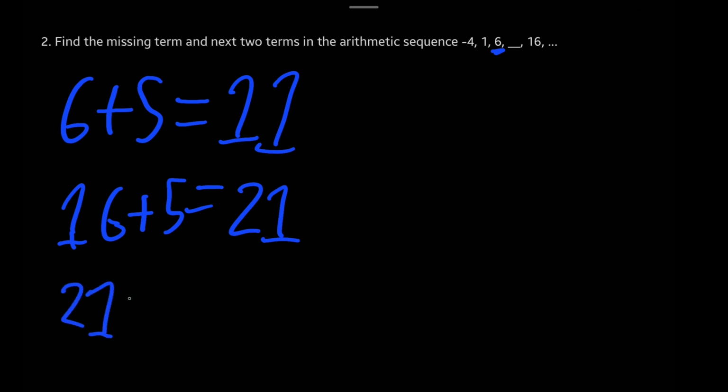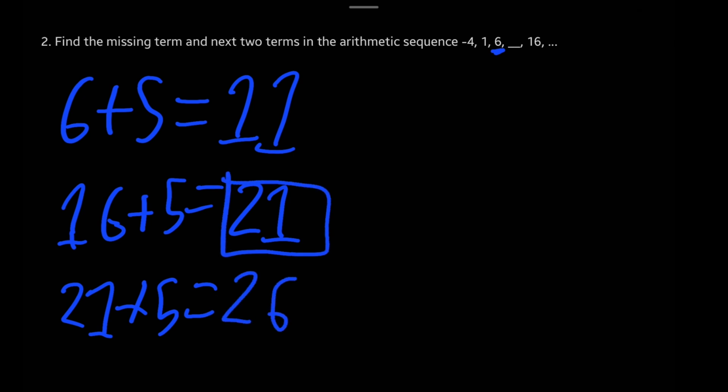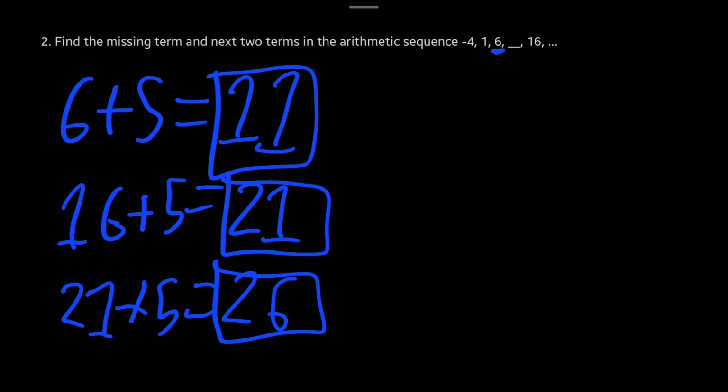The next term after 21 would be 26. So 11 would be the missing term, and 21 and 26 would be the ones in line after 16. Moving on.